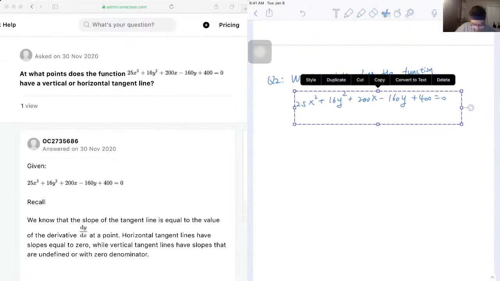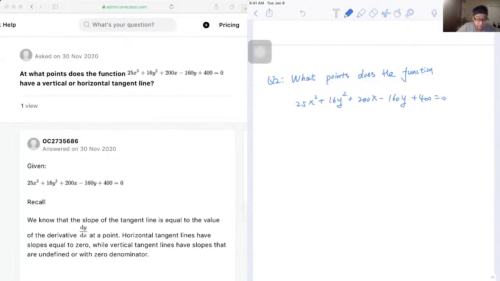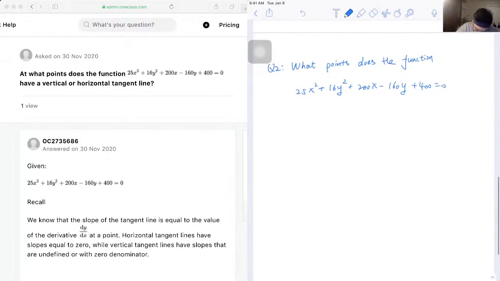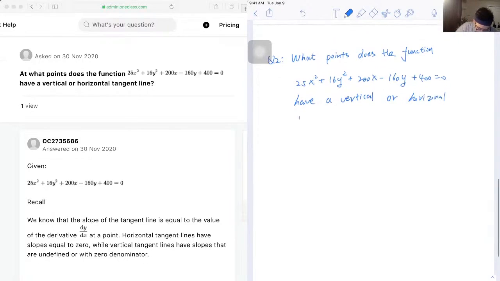Alright. What points does the function have a vertical or horizontal tangent line?